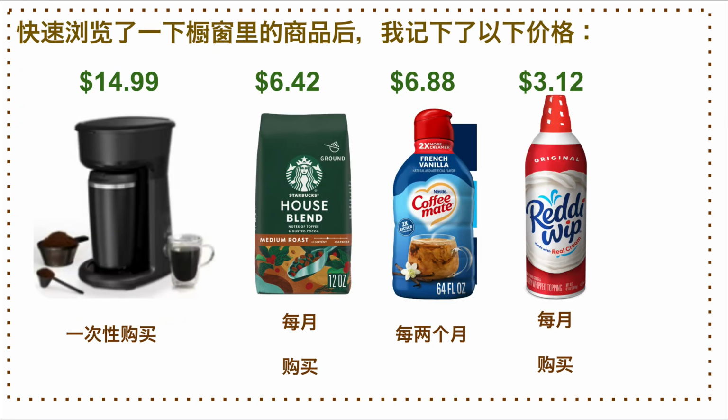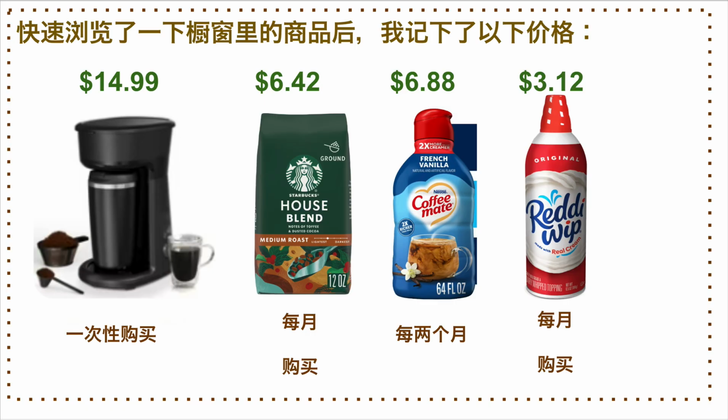So basically, we discovered that the coffee maker that was being sold came with a tumbler for under $15, that his coffee brand was $6.42, and it lasted 1 month, that the creamer lasted 2 months and it was $6.88, and that the Cool Whipped Cream was $3.12, and that lasted about a month.